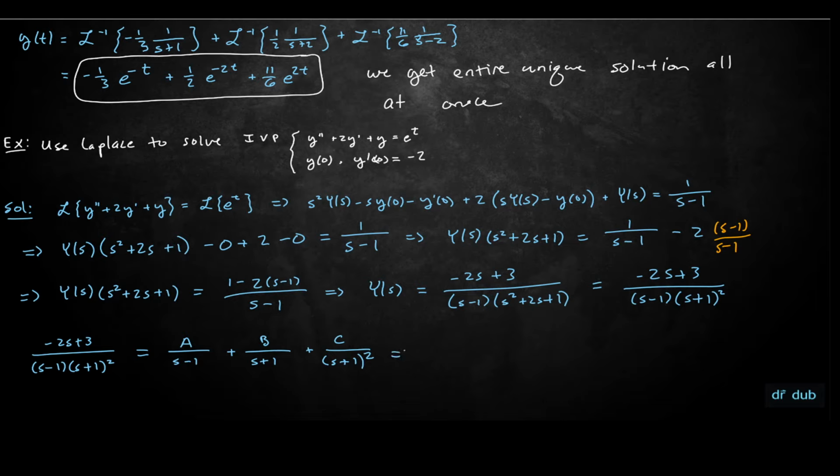So that's going to give negative 2s plus 3 equals A times s plus 1 squared plus B times s minus 1 times s plus 1, plus C times s minus 1.